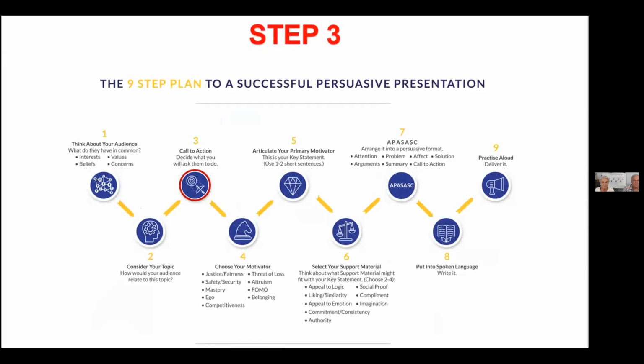Now, a persuasive speech must have a call to action, otherwise we don't have a persuasive speech. Normally this comes at the conclusion of a speech, but Kevin and I have decided to put this very early on because we believe that if students know where they're going to end up at their journey, they're much more likely to be focused as they go through the journey.